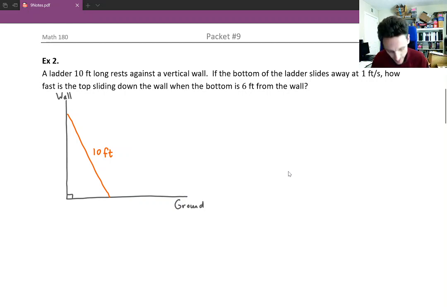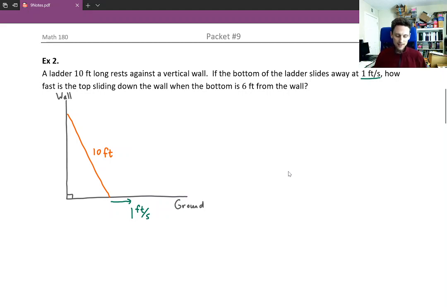So let's try to visualize what's going on with the 1 foot per second. We can visualize that with an arrow from the bottom of the ladder moving to the right. And that's 1 foot per second.